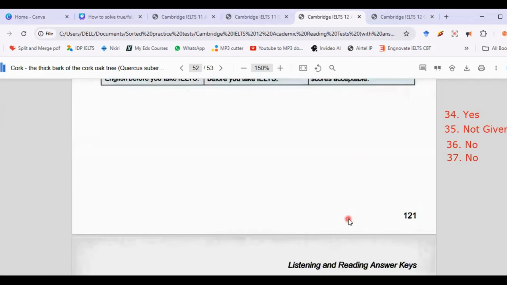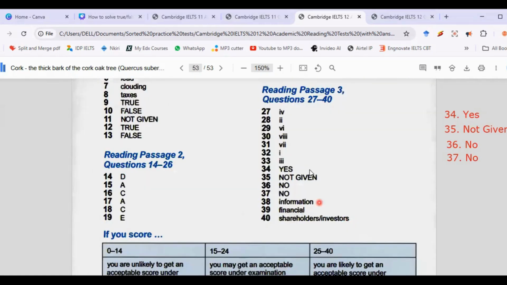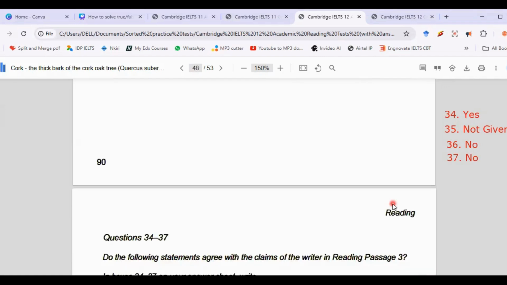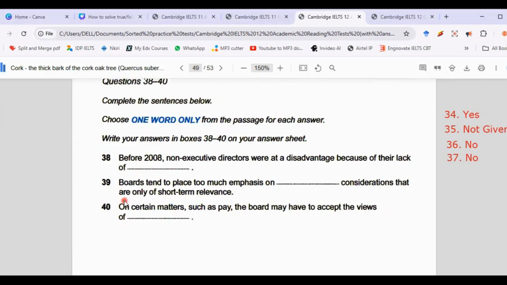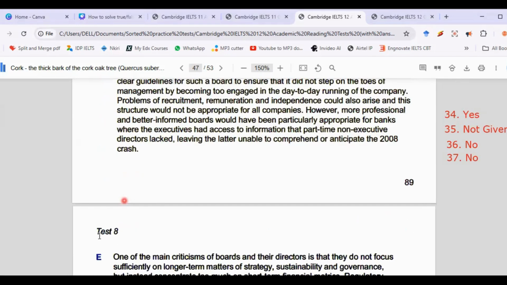Test 8. Yes. That's test 8. So our answer number 34 is correct. Yes. 35 not given. 36 no. 37 no. Can you see that? That's test 8. Let me show you test 8.